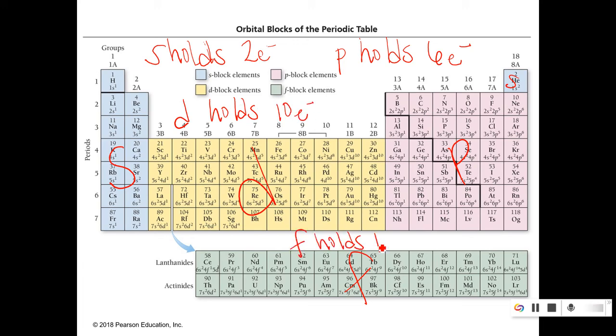And F holds 14 electrons. So they go up by 4 every time. Okay, and if we look right here, this exponent, that's how many electrons we are into that block. And I'm going to kind of explain that more as we go through.